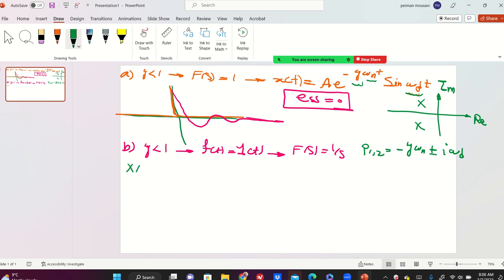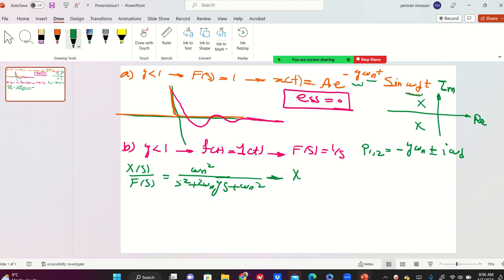So X of s over F of s, as we did for the impulse, the closed-loop transfer function, was omega_n squared over s squared plus 2 zeta omega_n s plus omega_n squared.